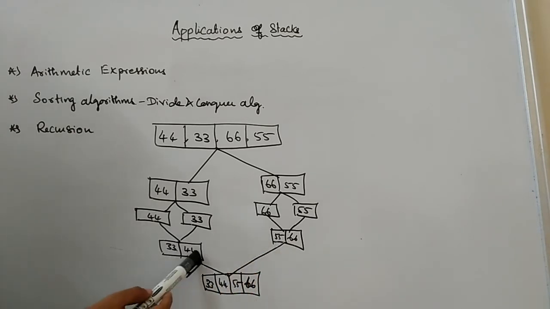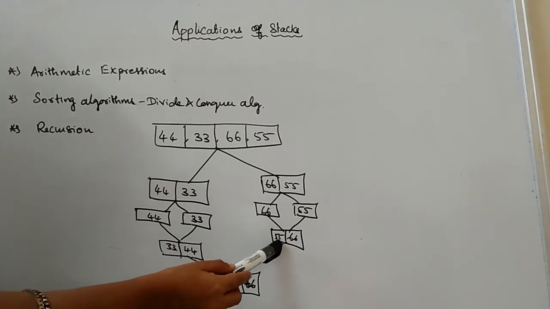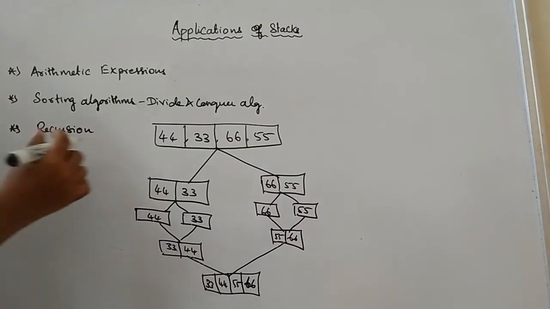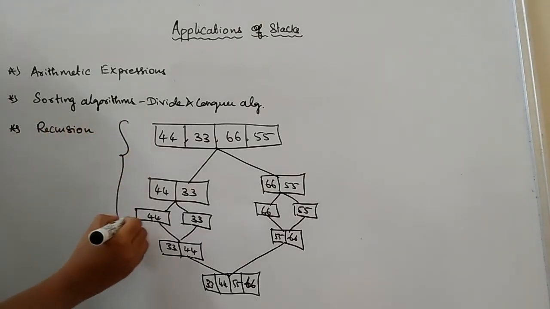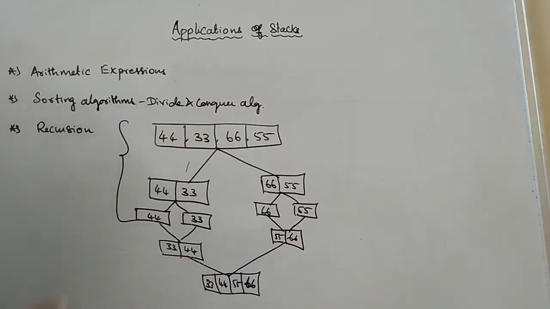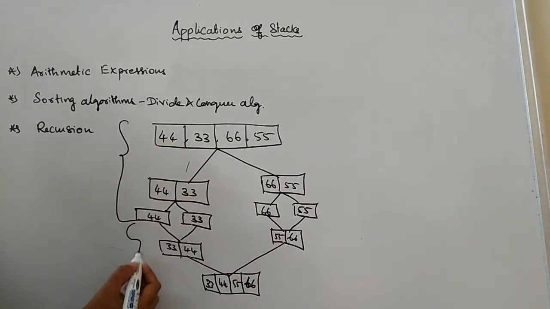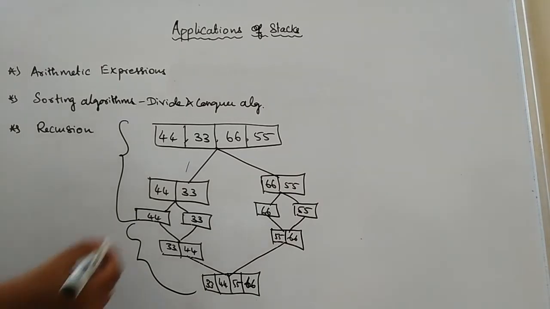So 33 and 44, 44 is less than 55, so I can write it as it is, and then 55, 66 is written here. So if you look at the upper portion of this, we are doing the fragmenting process, and if you consider the lower portion, we are doing the combining process.